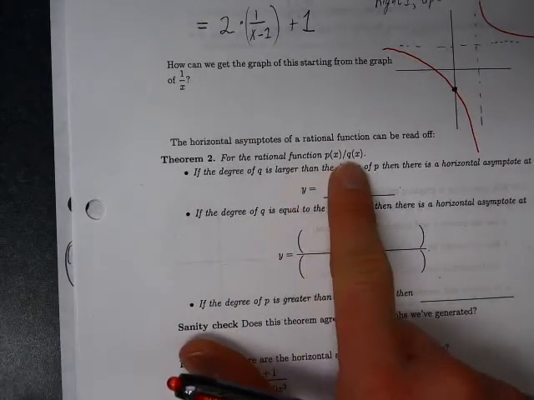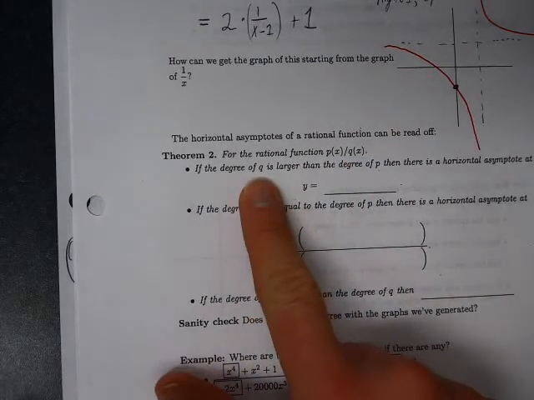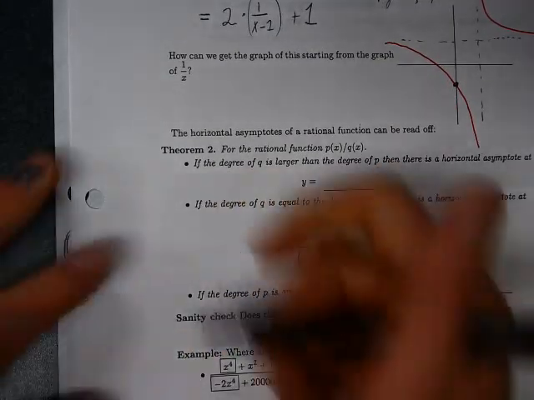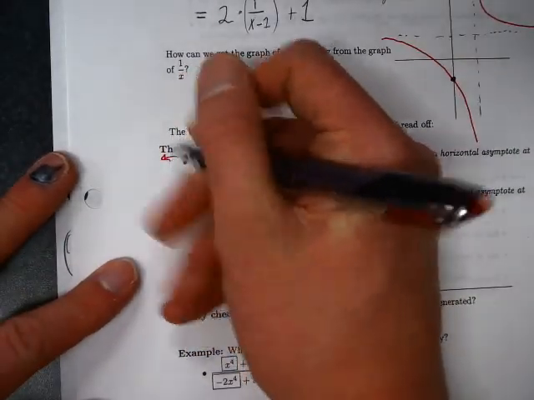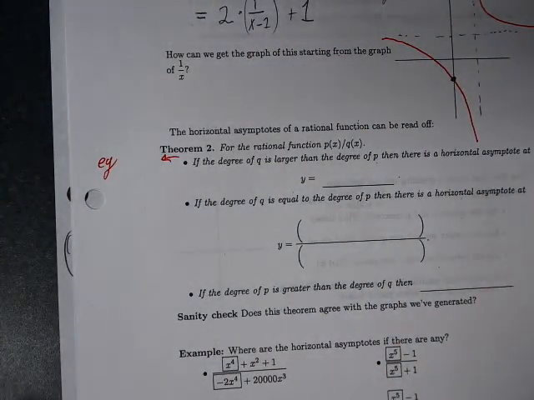Let's see the statement of it. If you have a rational function, p of x over q of x, I think we'll just do some examples. Imagine the degree of q, the denominator, is larger than the degree of p. So let's see an example. Give me an example of a polynomial. x cubed.